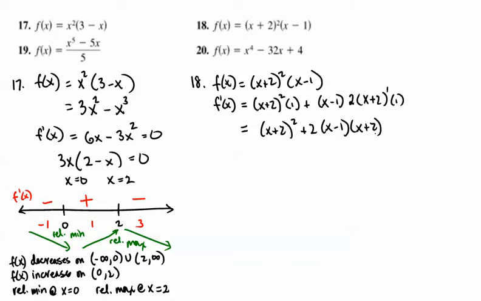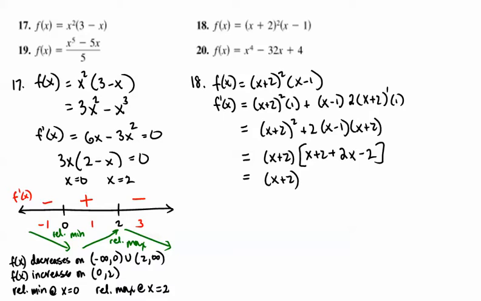At this point, I will factor out a common factor of x plus 2, and that will leave me x plus 2 plus 2 times x minus 1, or 2x minus 2. And when I simplify that up, I'm going to get x plus 2.